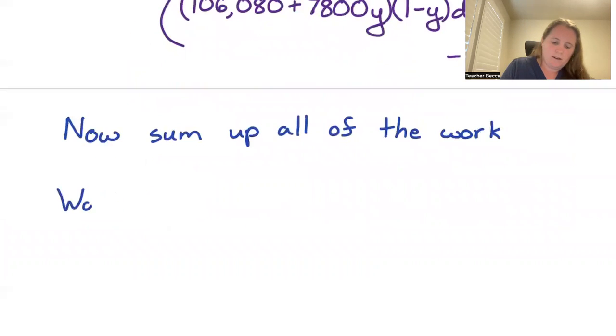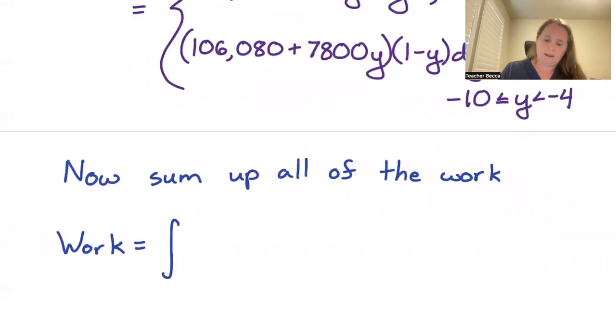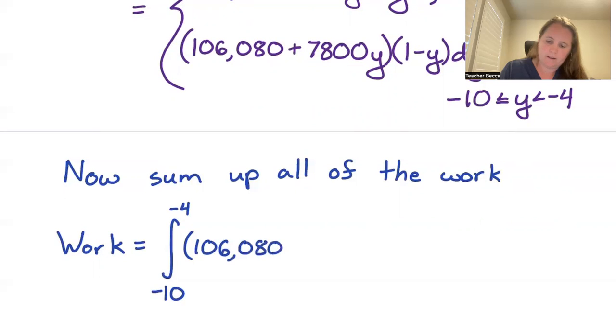I will do one integral going from -10 to -4. So that will be our 106,080 plus 7,800y times 1 minus y dy.